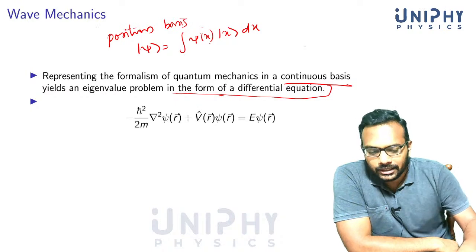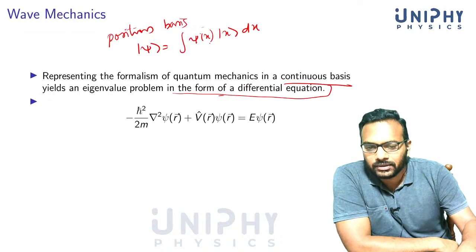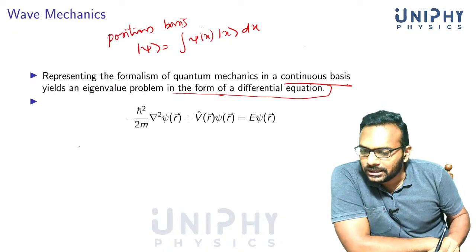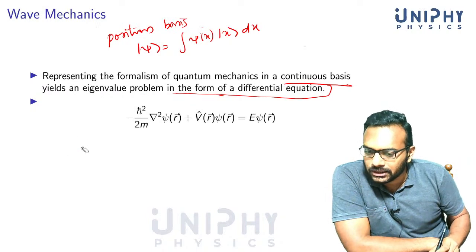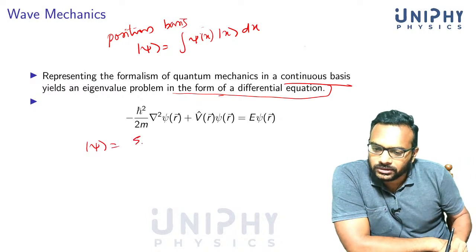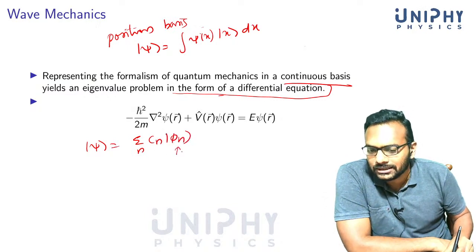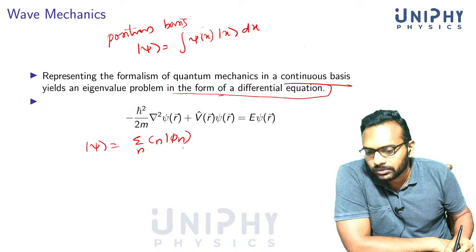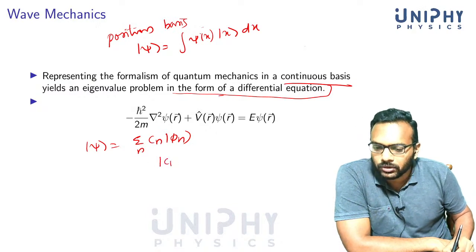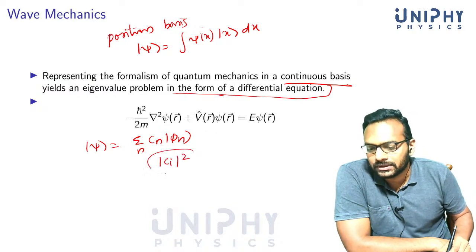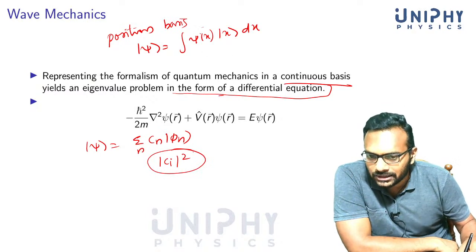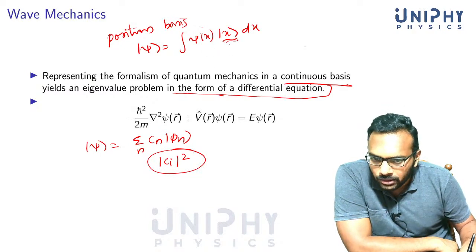Again, we know this probability interpretation that we talked about in the discrete case. We said that if psi is equal to summation over n of Cn phi n, then the probability of measuring an eigenvalue corresponding to an eigenvector phi i would be modulus of Ci squared. Here also we have that interpretation because this is the position basis.